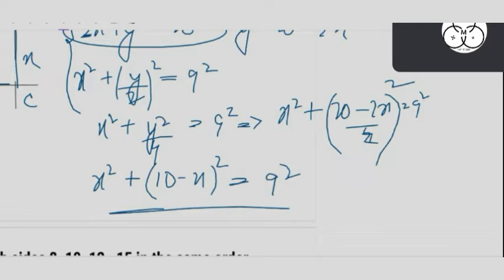After this it is a quadratic equation. After getting the value of x, we can easily find out the value of y, and then simply multiply x into y for the area. There's nothing more to solve.